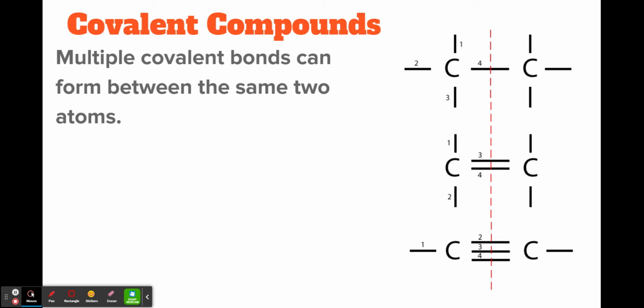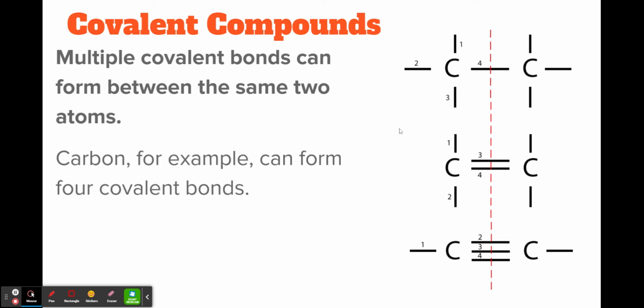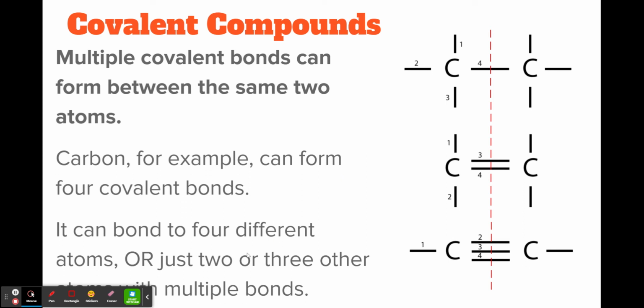So this makes elements, especially elements like carbon that have lots of covalent bonding, possible. It makes it so that they're really versatile. They can form atoms of all different shapes and all different kinds of strengths, and they can do lots of different things because they can form bonds with different numbers of things.